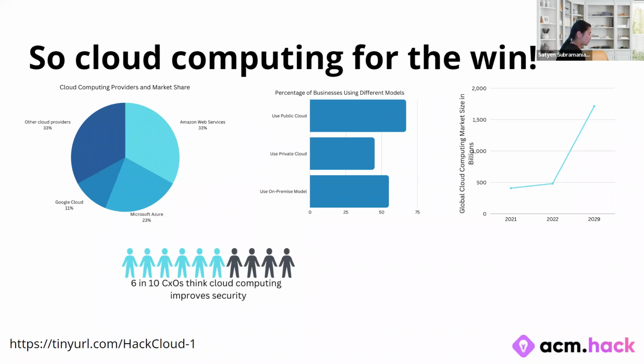It's projected to grow to $1,712 billion by 2029. And for reference, how many of you guys use Netflix, Disney Plus, HBO, any of the above? Okay, I'm going to assume it's a lot of you.